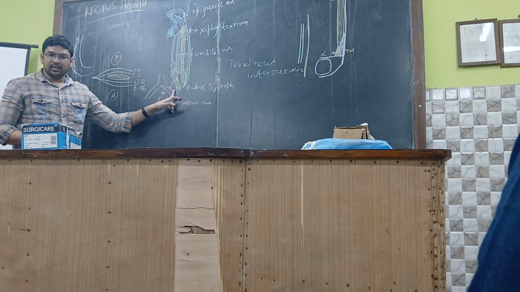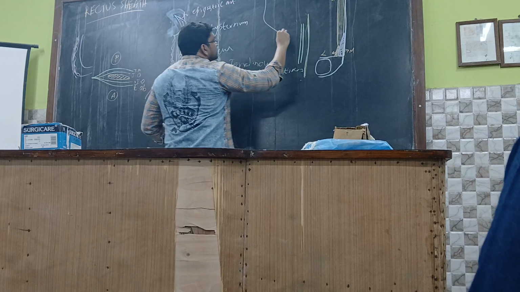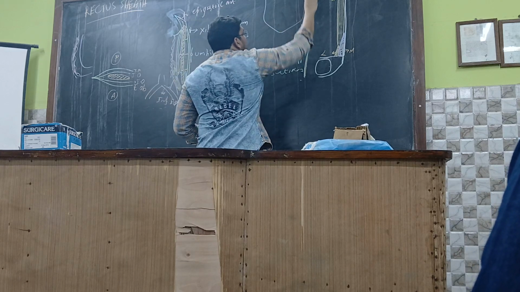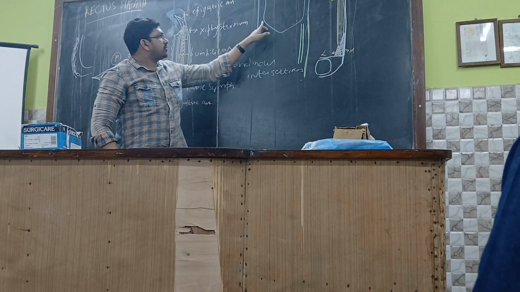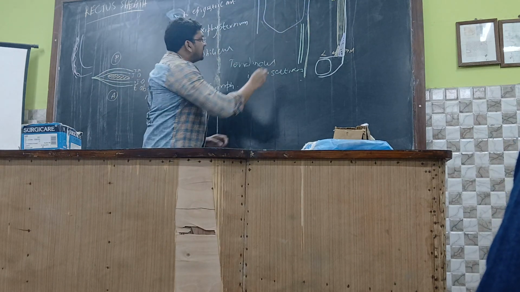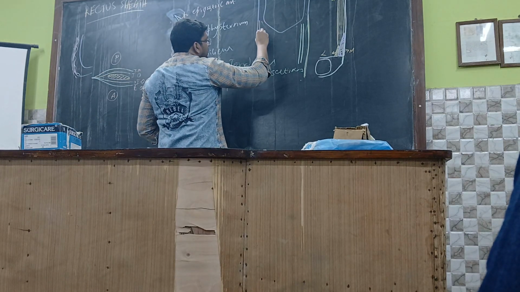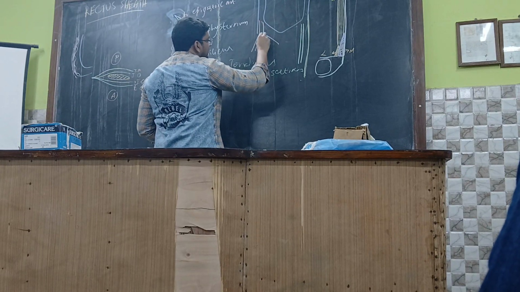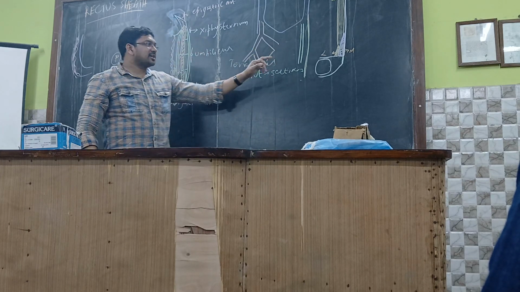One more thing you're supposed to remember: for example, the peritoneum is in this manner. This is the anterior abdominal wall, this is the posterior abdominal wall, and this is the peritoneum, lying on the posterior wall, the pelvic cavity and the anterior wall. The external iliac artery will be present in this manner. The abdominal aorta divides into common iliac arteries, again dividing into external and internal iliac arteries on either side.